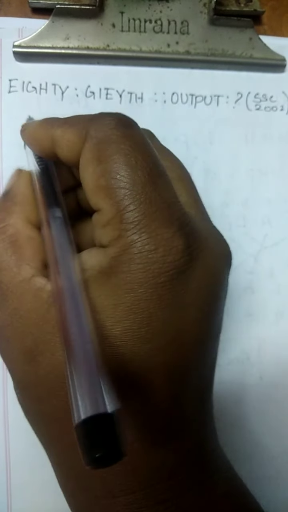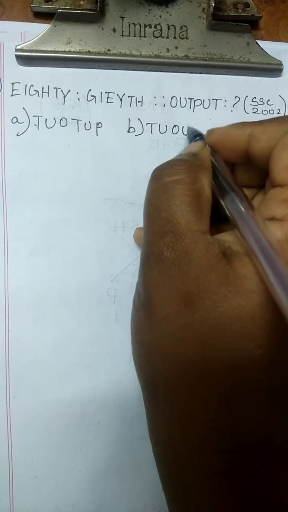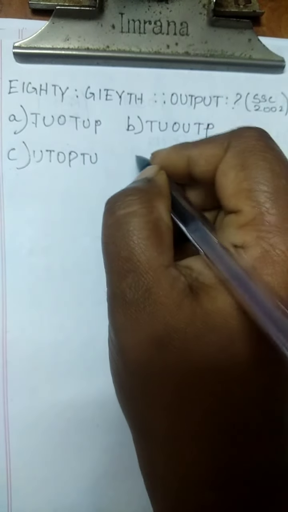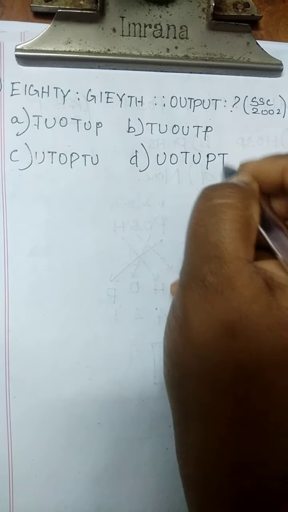So we have to find the clue. Before that, the options are: A, TUOTUP. Option B is TUOUTP. Option C is UTOPTU. Option D is UOTUPT.